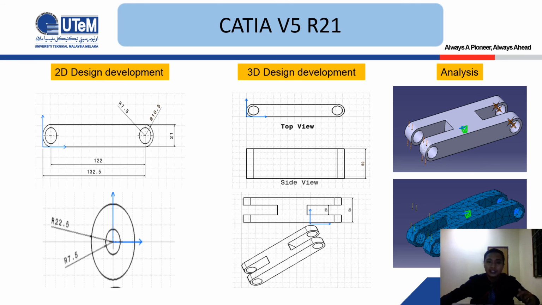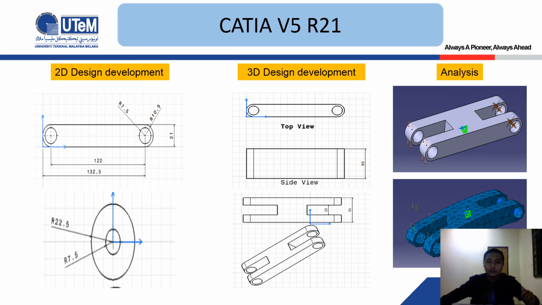Next, in 3D design development, using the same pipe from 2D, we need to determine the depth of the pipe design to create a 3D design. In this phase also, we need to determine the cut area or some holes for the pipe design, and lastly is analysis of the pipe design. In this phase, the pipe design needs to have material properties attached to ensure the analysis calculation can run smoothly.